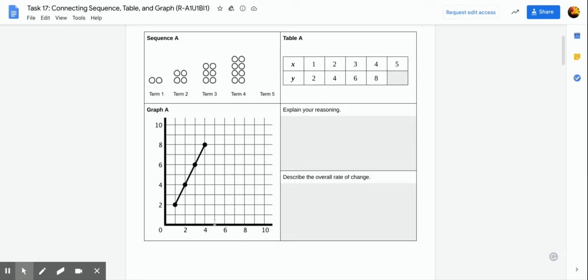If I wanted to continue the pattern, can you extend the line and tell me how many circles for term 5? Can you explain your reasoning? How did you find the next number in the pattern? Can you describe for me the overall rate of change?